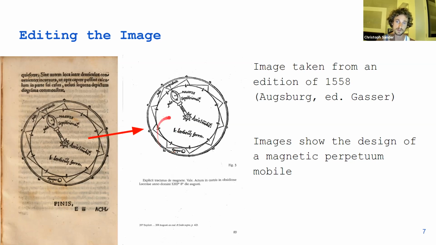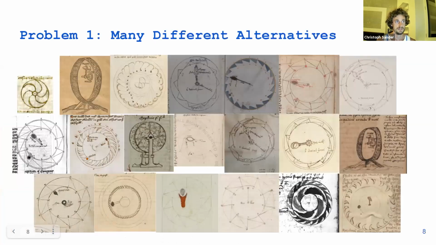Of course, this doesn't work, but it is the idea of the medieval author and depicted as such. However, there are many, many more diagrams or images of this device in all manuscripts and prints available. I've collected here around 20, and this is not complete.